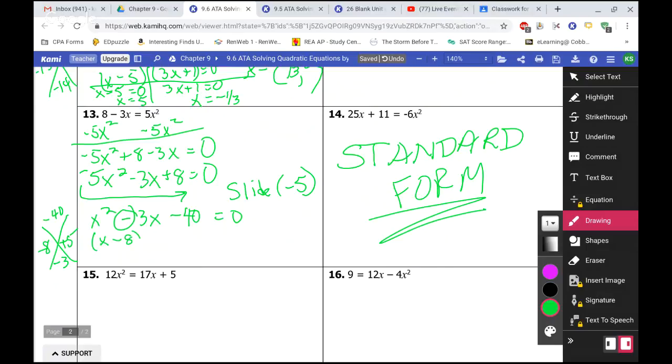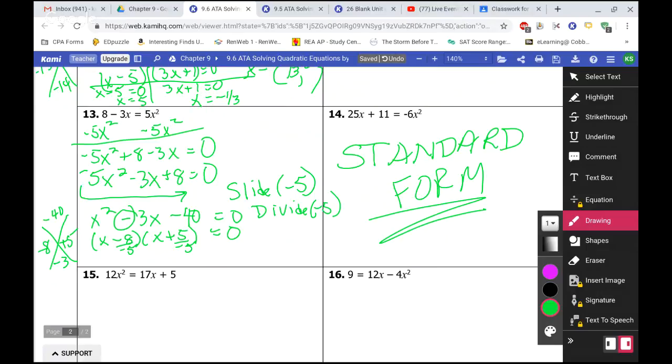x minus 8, x plus 5 equals 0. So what did I slide down? I multiplied by a negative 5. So now I'm going to divide by a negative 5. This does not reduce to a whole integer, so I am going to bottoms up.